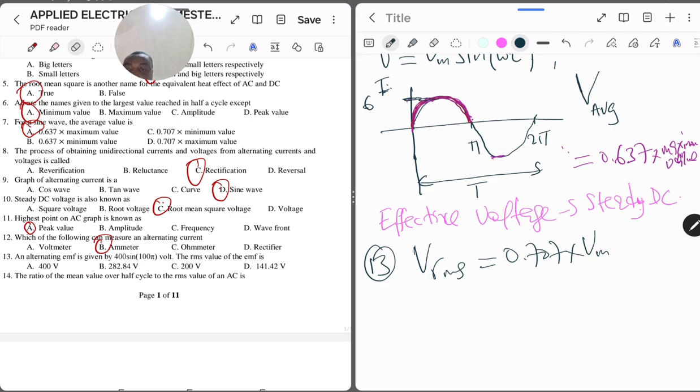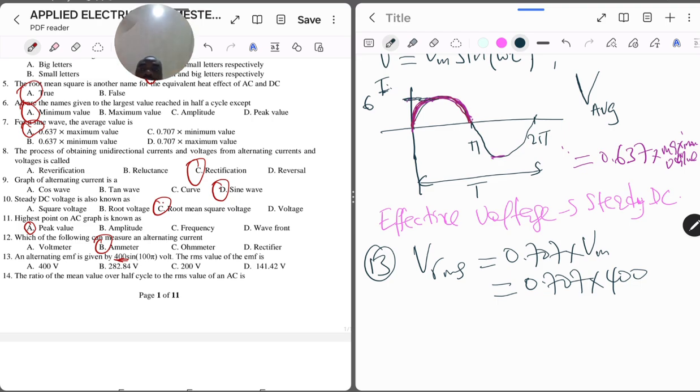So the maximum voltage, now we are going to get 0.707 times the maximum voltage here, which is 400.